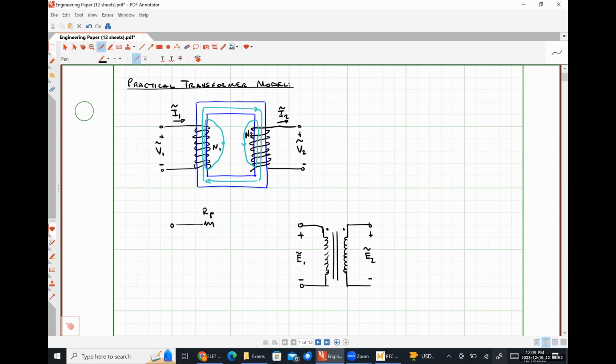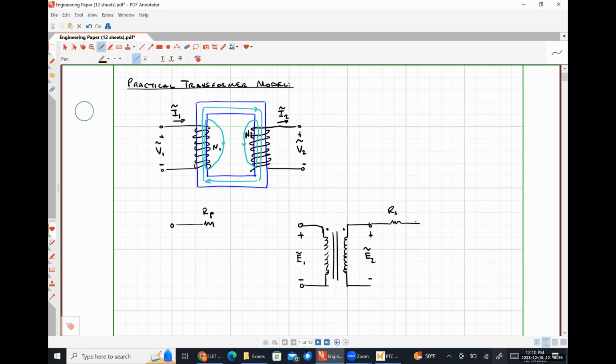And similarly, there's a wire wrapped around our core forming our secondary winding. So this coil will also have some resistance, which we'll call R sub S. The resistances R sub P and R sub S are what are used to model the copper losses or the I squared R losses in our transformer. So effectively, they're there to represent the conversion of electrical energy into heat, because as we pass current through these coils, they're going to tend to heat up. We're going to exhibit some losses.